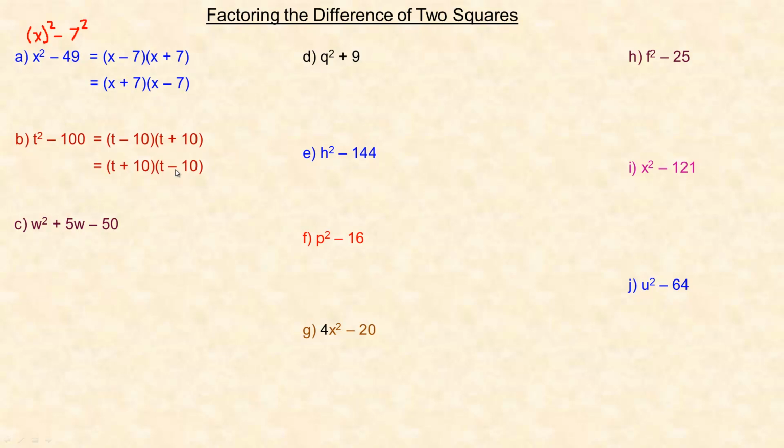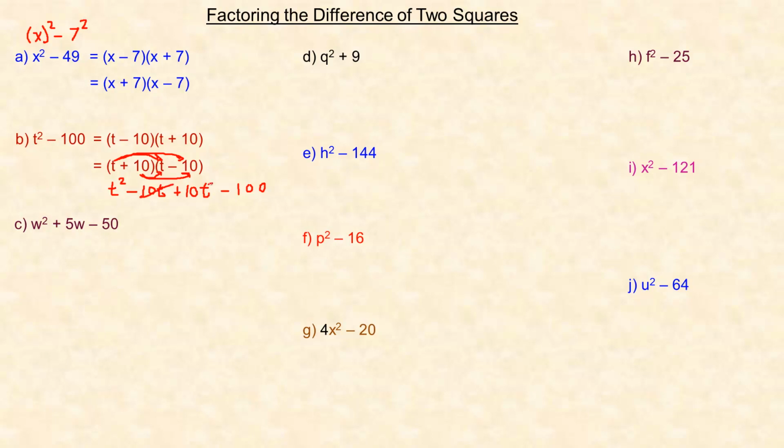Remember, you can always check any factoring by expanding. So for example, if I take this and expand, you see t times t is t squared, t times negative 10 is a negative 10t, 10 times t would be a plus 10t, and this 10 times this negative 10 is minus 100.